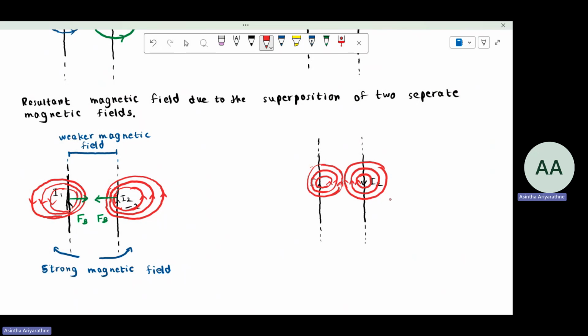On the two ends it is weaker. Right, so in the middle the magnetic field is very strong. The magnetic lines are close together, right? Here, a strong magnetic field.